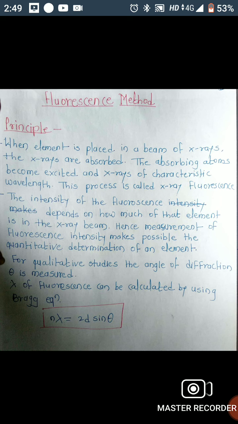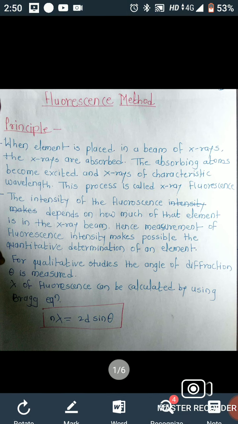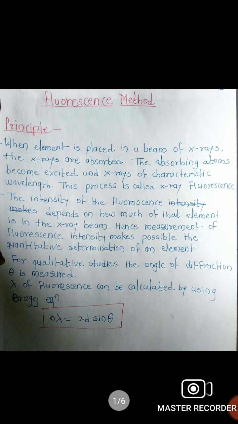Hence, measurement of the fluorescence intensity makes possible the quantitative determination of the element. For qualitative studies, the angle of diffraction theta is measured, and the lambda of fluorescence can be calculated by using the Bragg equation, that is n lambda is equal to 2d sin theta. This is the principle of the fluorescence method.